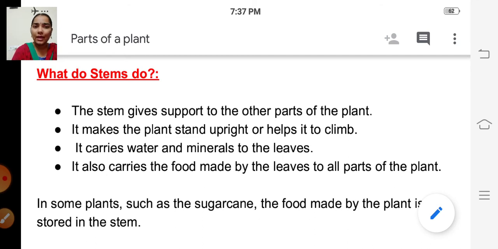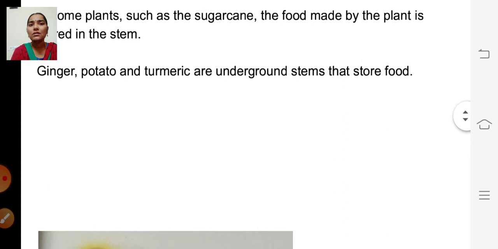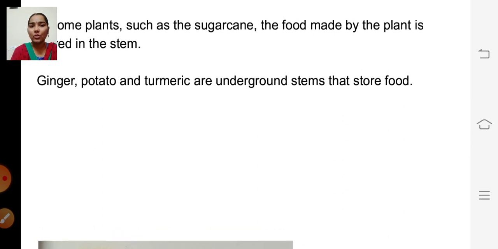It also carries the food made by the leaves to all parts of the plant. In some plants such as the sugar cane, the food made by the plant is stored in the stem. Ginger, potato and turmeric are underground stems that store food.